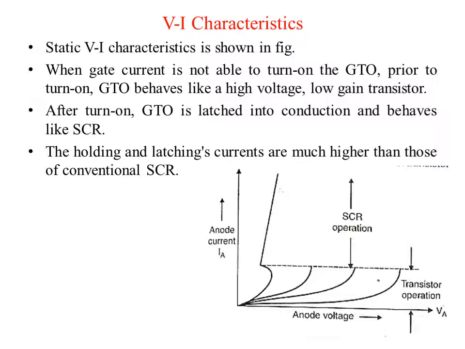The holding and latching current are much higher than those of a conventional SCR. So if we compare the magnitude of holding and latching current of GTO with respect to SCR, the magnitudes are much higher than SCR.